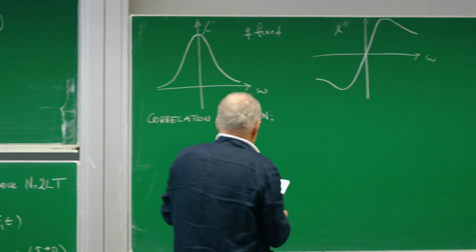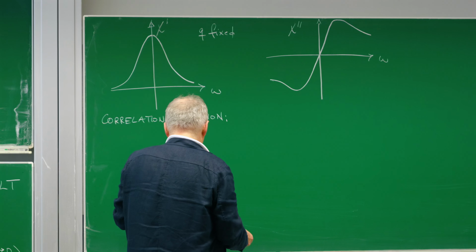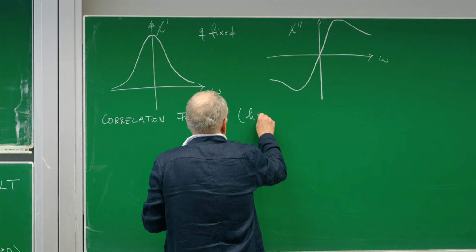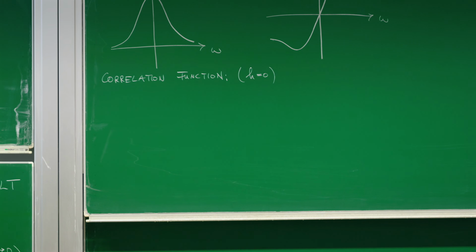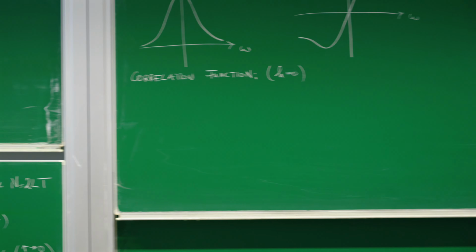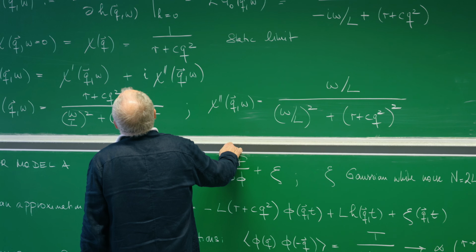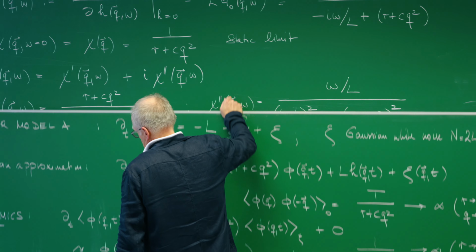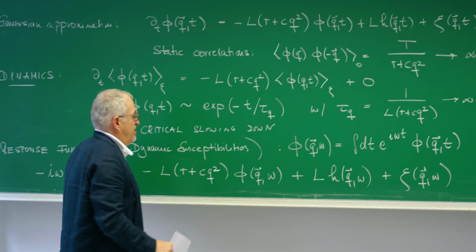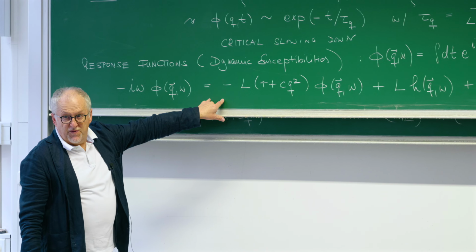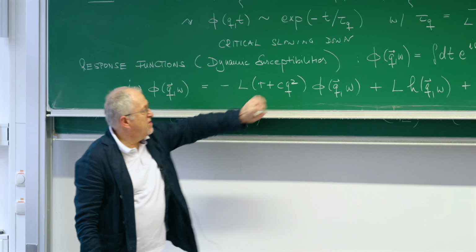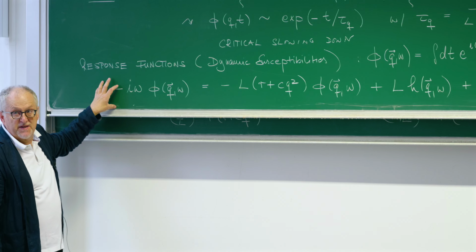So what are those? So we put h equal to 0. And then we again use the same equation of motion that we have here on the board. So here is the equation of motion in Fourier space. Again, I shift all the terms with phi to the left-hand side.